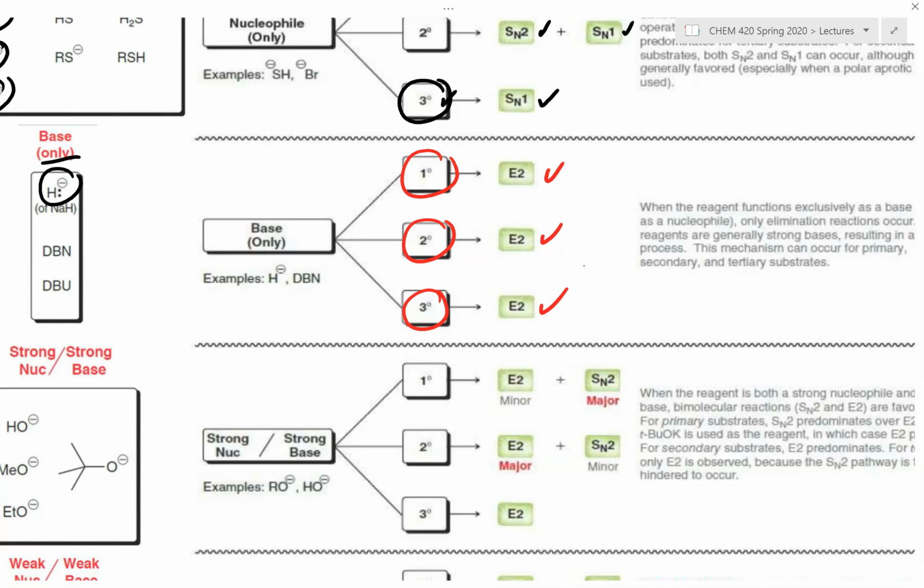Therefore, it'll be able to come in and pick up the beta hydrogen directly. And because sterics is not a problem in elimination reactions, it does not matter whether you have a tertiary substrate or not. In fact, the reaction rate is actually fastest with the tertiary substrate. So all types of substrate with a strong base would favor the E2 mechanism.